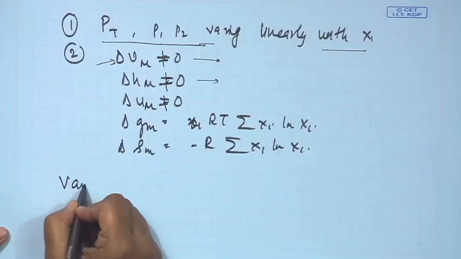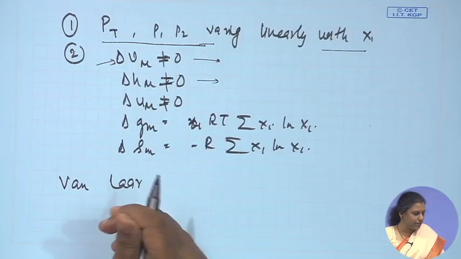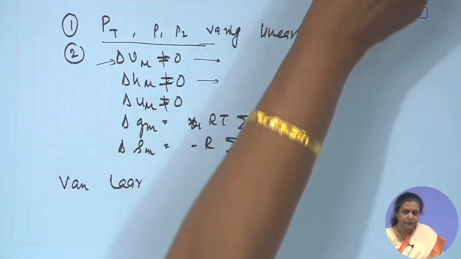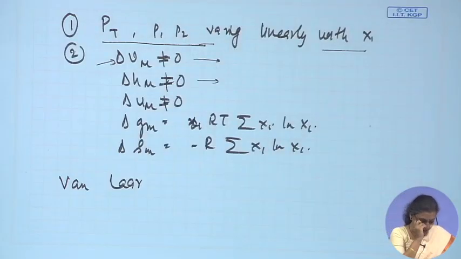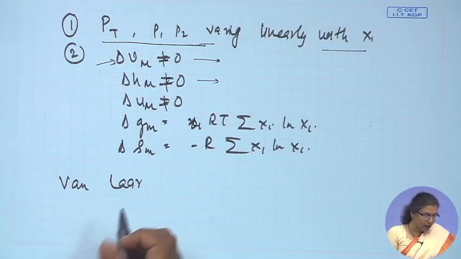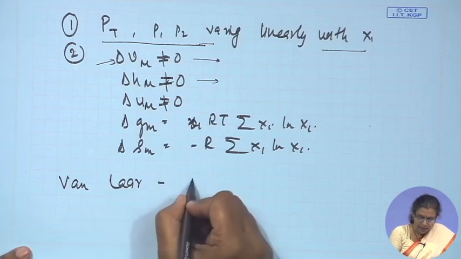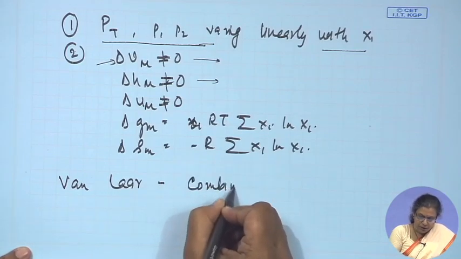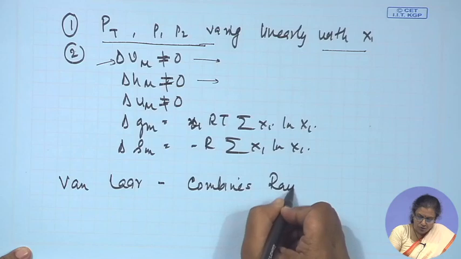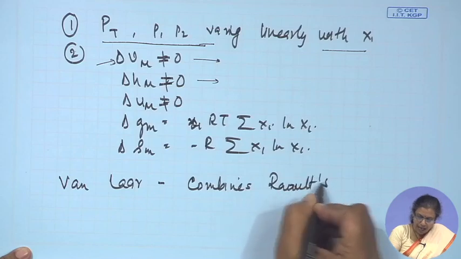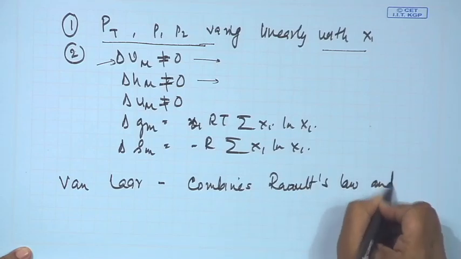The entire thing can be summarized by a formula which has been provided by Van Laar. Now, this particular person, as we know, worked throughout with solutions, and he has proposed a formula which combines Raoult's law and deviations from it.